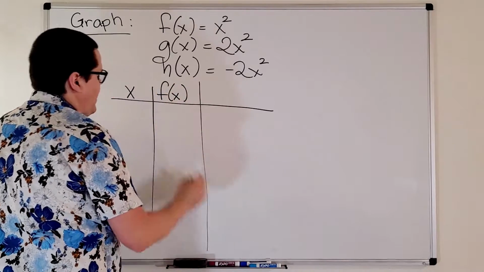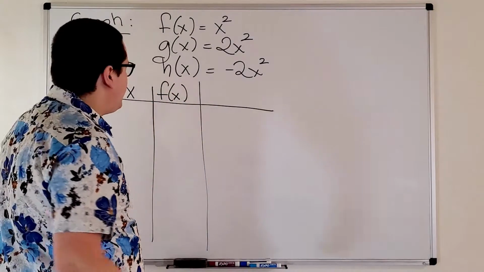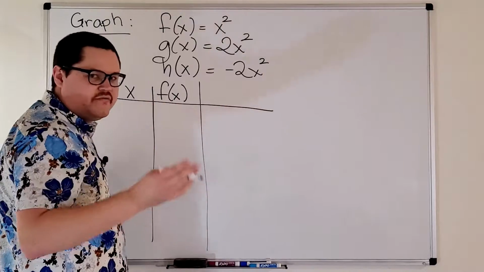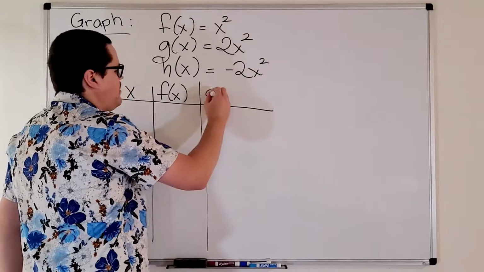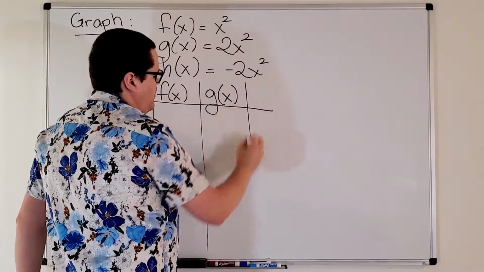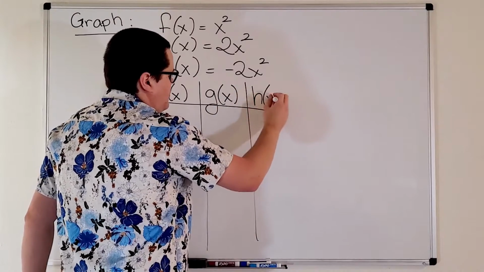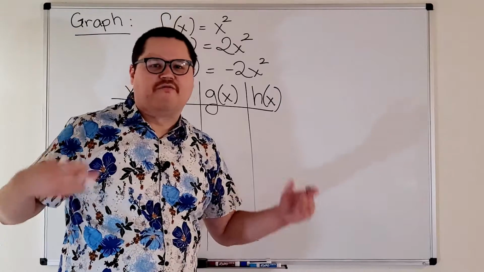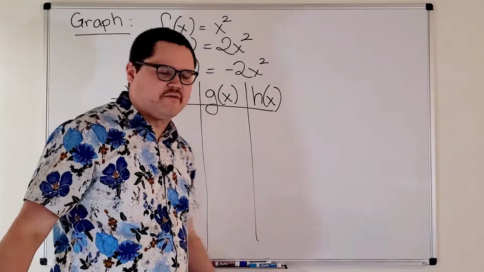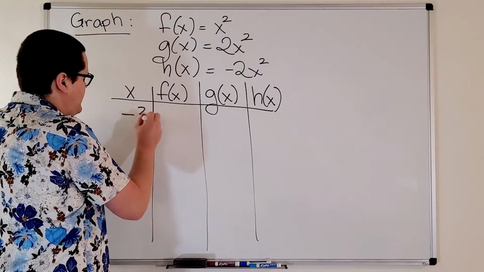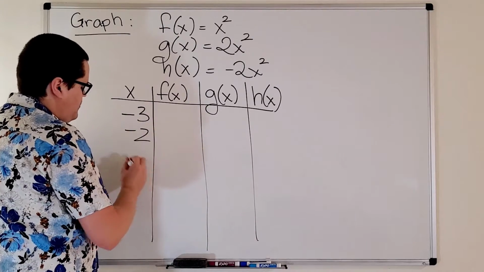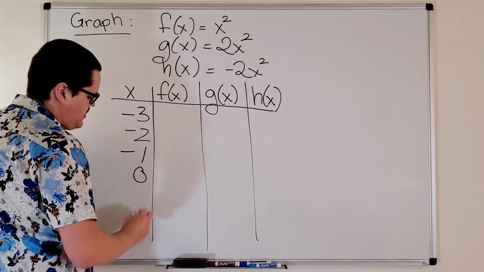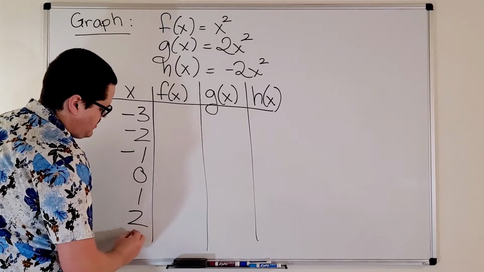We're going to have x, our inputs, and our outputs, f of x, g of x, and h of x. For the inputs, I'm going to do the numbers from negative 3 to positive 3: negative 3, negative 2, negative 1, 0, 1, 2, 3.